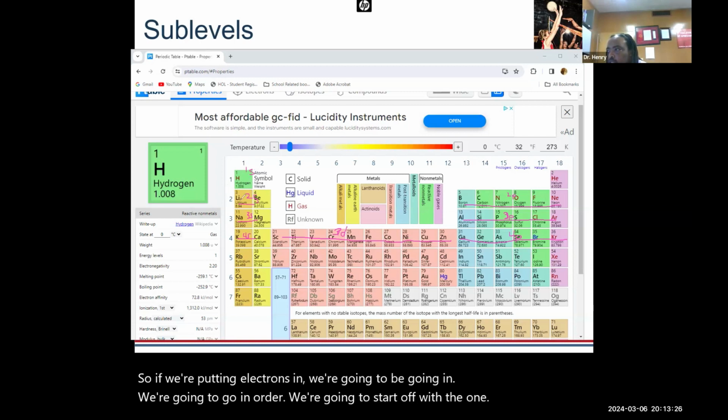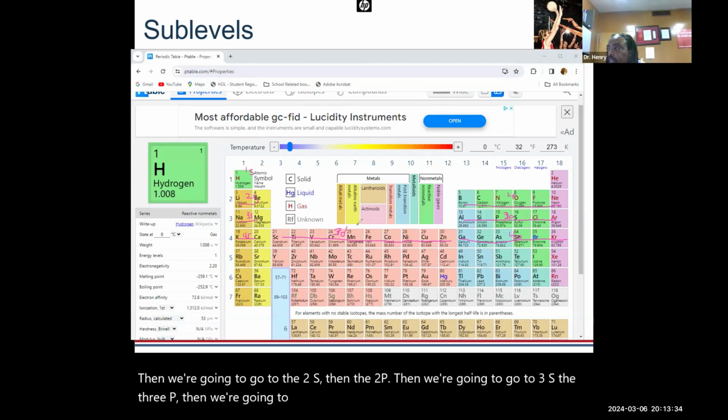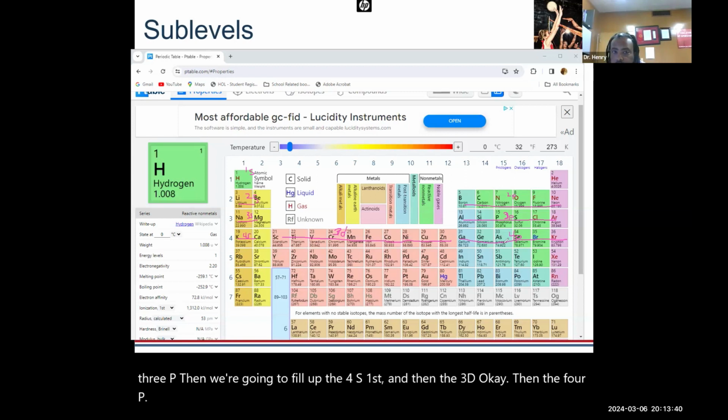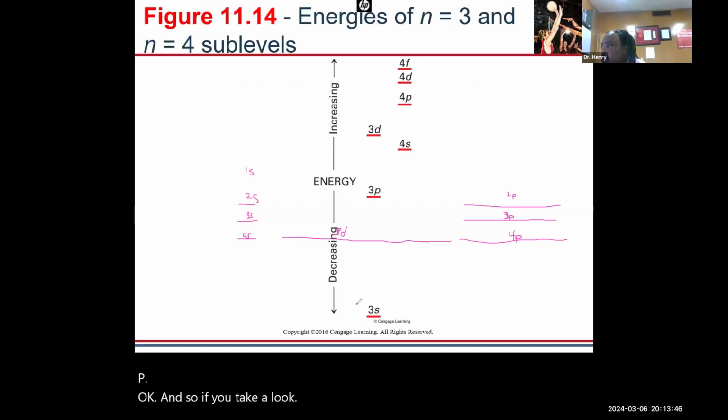Then we're going to go to the 2s, then the 2p. Then we're going to go to the 3s, 3p. Then we're going to fill up the 4s first, and then the 3d. Okay. Then the 4p.